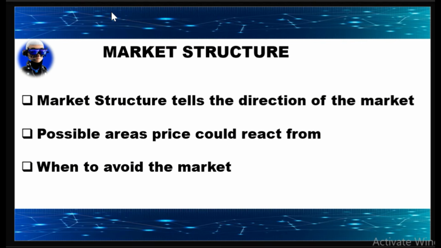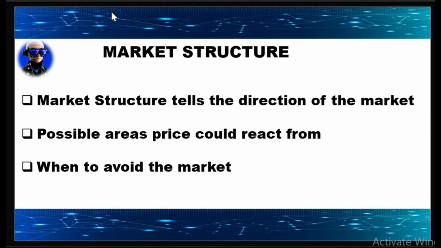It will tell you where price is coming from and where price is going to. Most persons take trades emotionally, like they are gambling, but proper market structure knowledge will tell you where the price is coming from and where price is most likely to react from, right?